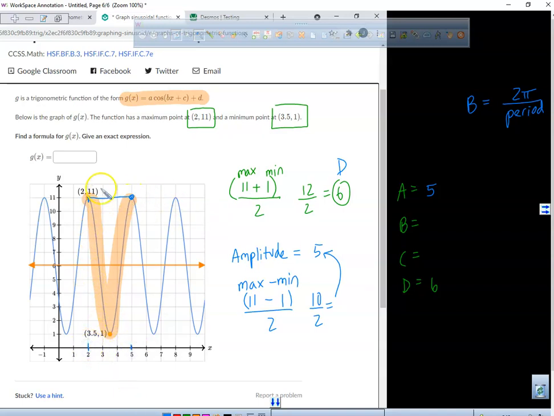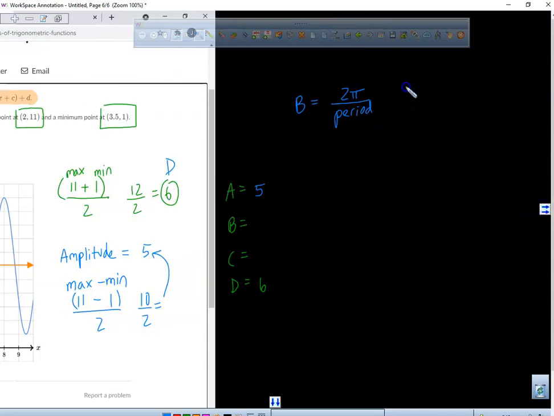So we got 1 space, 2 space, 3 space, right? So our length of our period is 3 units. So guys, just put 2 pi divided by the length of our period, which is 3. And what does that equal? That equals our B value, which is 2 pi over 3.